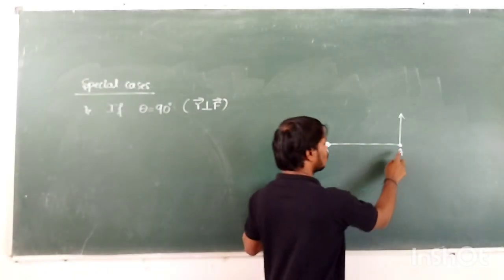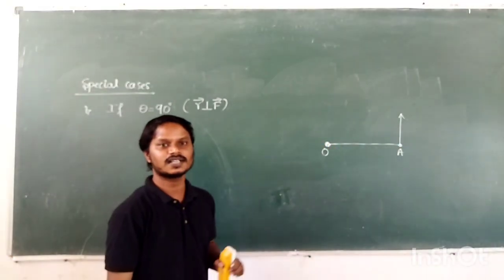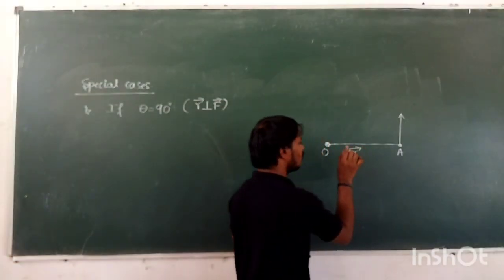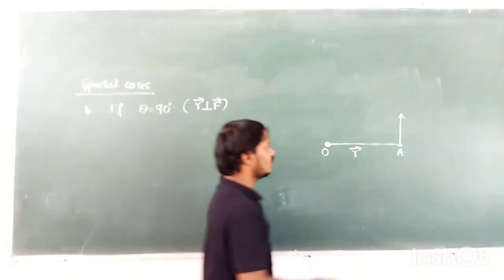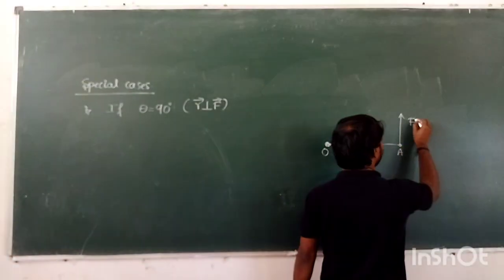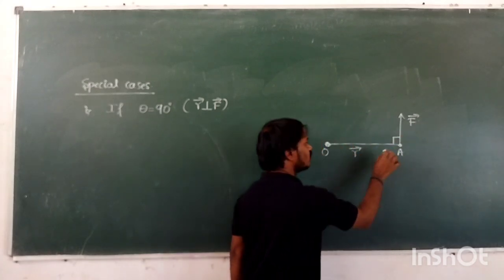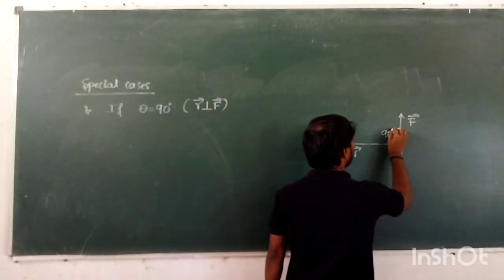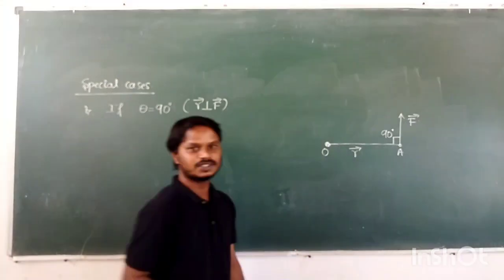Now the distance of the free end from the fixed end can be taken as the lever arm, and that can be represented as vector R, the position vector of A with respect to O, and the force is applied to the free end. Then what is the angle between the force vector and the position vector? That is 90 degree, because the force vector is perpendicular to the position vector.